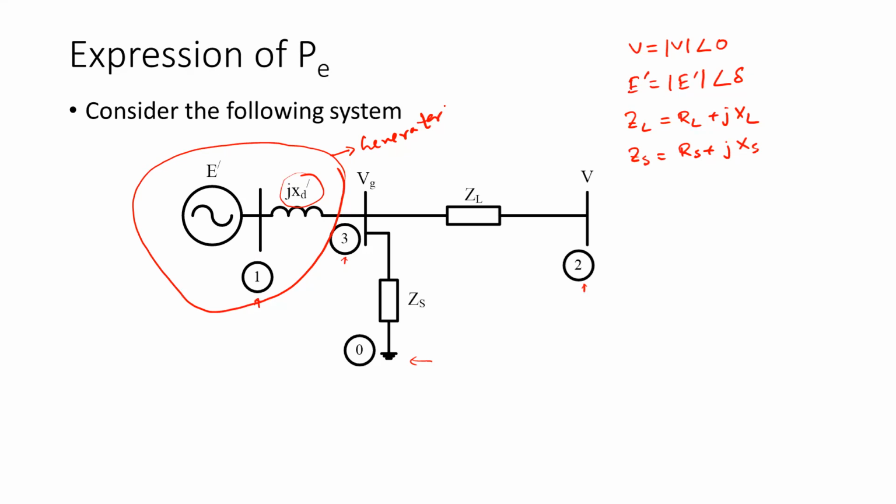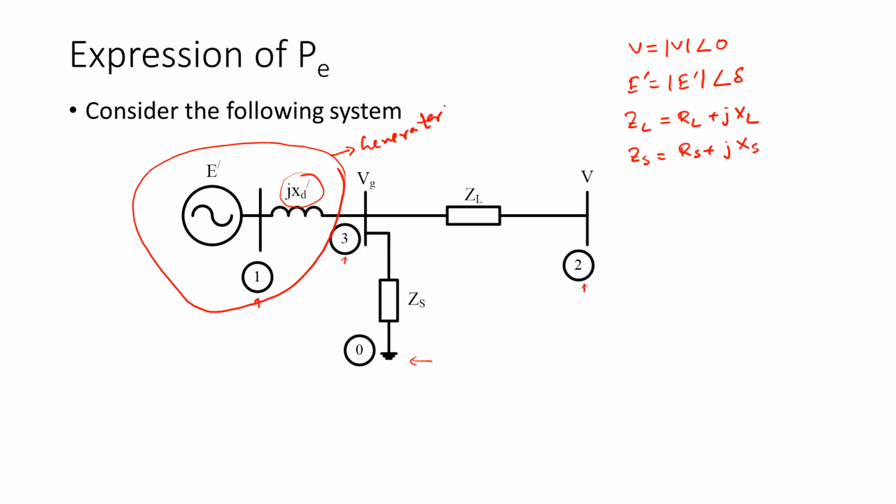Once your generator is loaded, you start losing some power, and your E dash is always greater than your VG. Under no load condition, your internal EMF and your terminal voltage become the same. This is something you should know; you have probably learned it but forgotten.